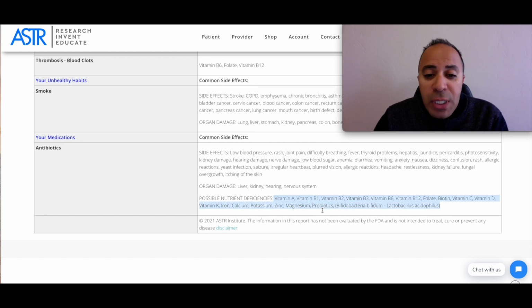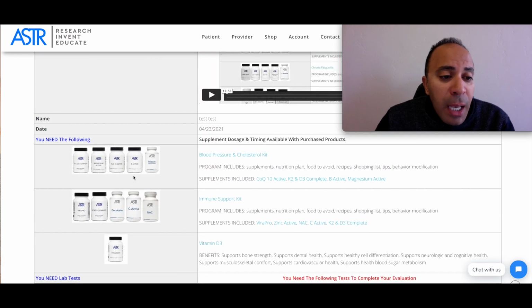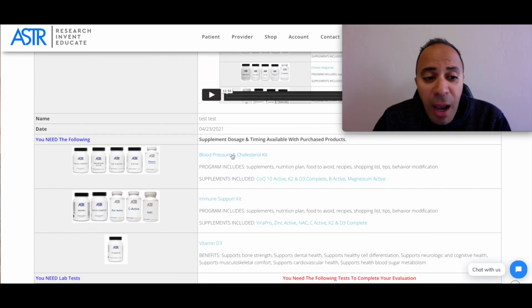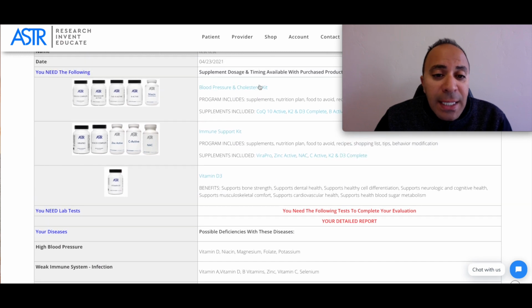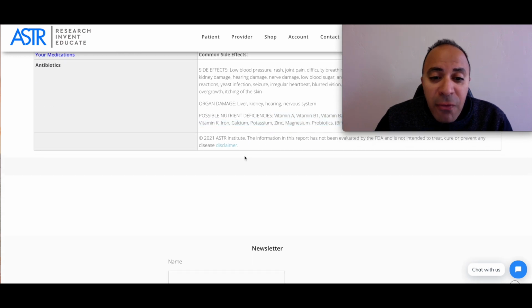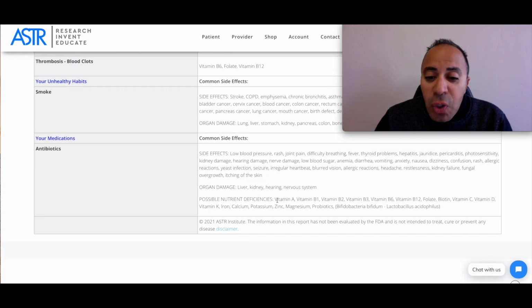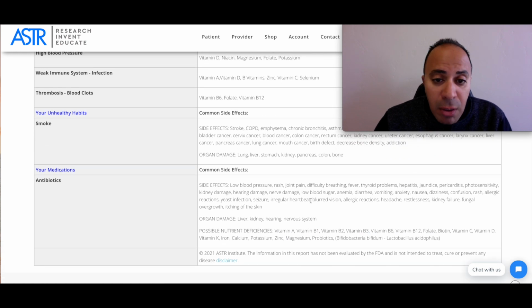When you look at the top, the recommendation of the software is the same recommendation to meet the deficiency that could be caused by taking some of the medication, because some patients could have side effects of the medication because the medication caused some deficiency in vitamins and minerals.